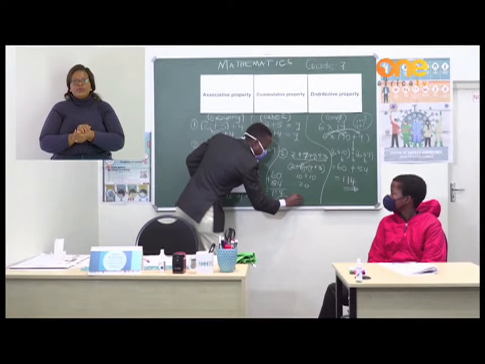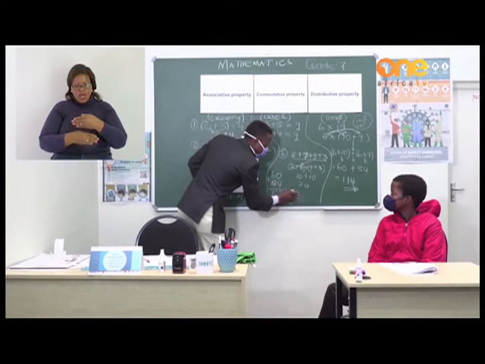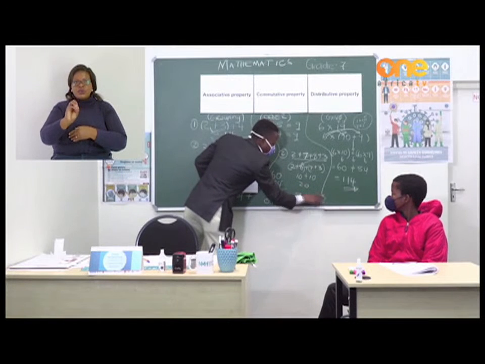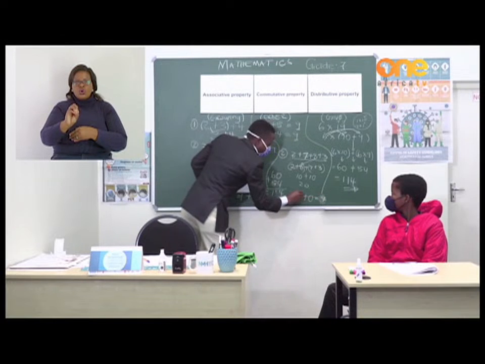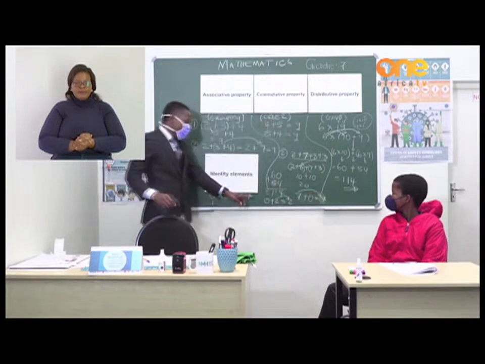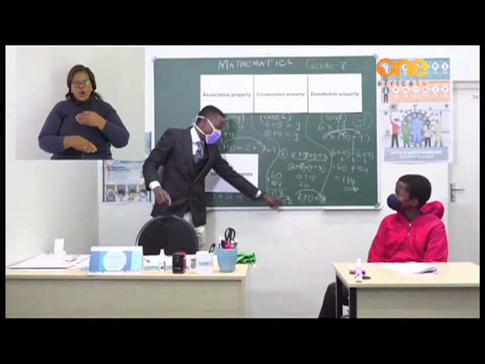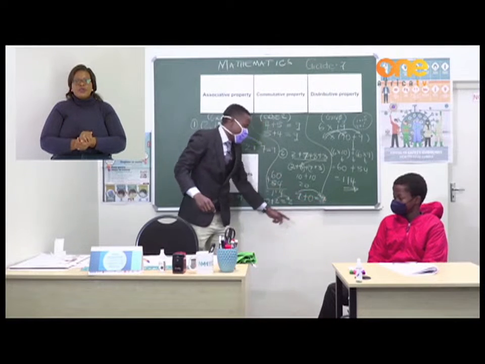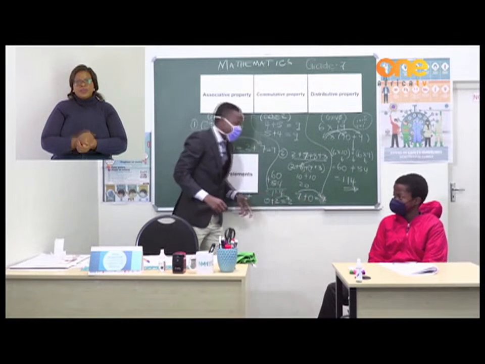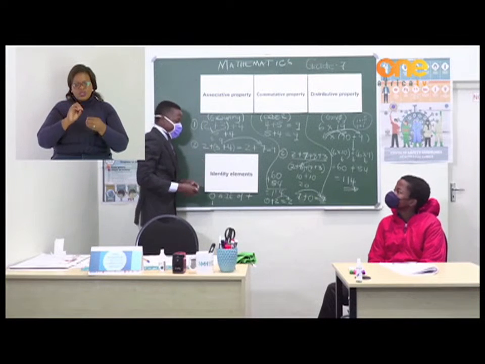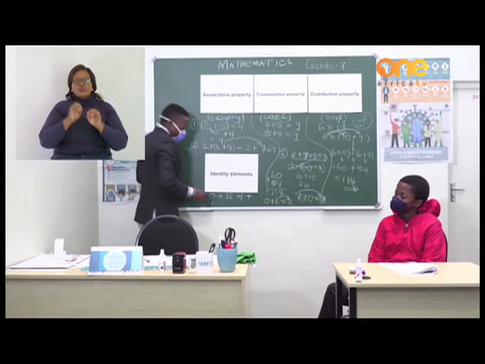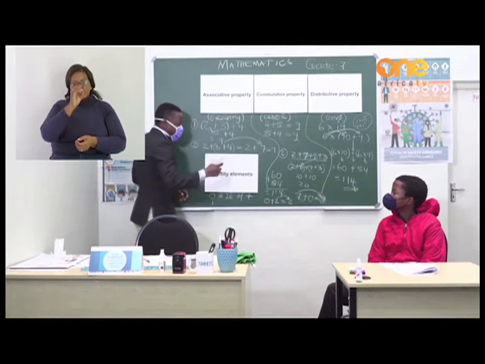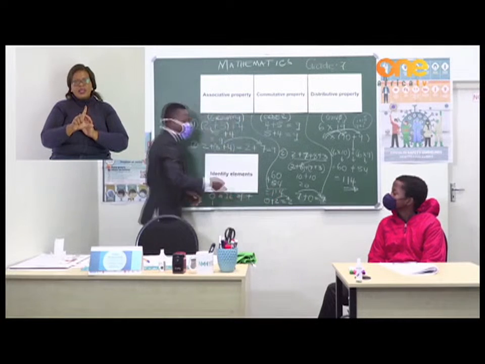Let's say it's 7, you add a 0, you get 7. When you add 7 to 0, you get that 7. So 0, we say it's nothing, so you must understand it from that angle. 0 is an identity element of addition because if I add 0 to a number, the answer will be that number.